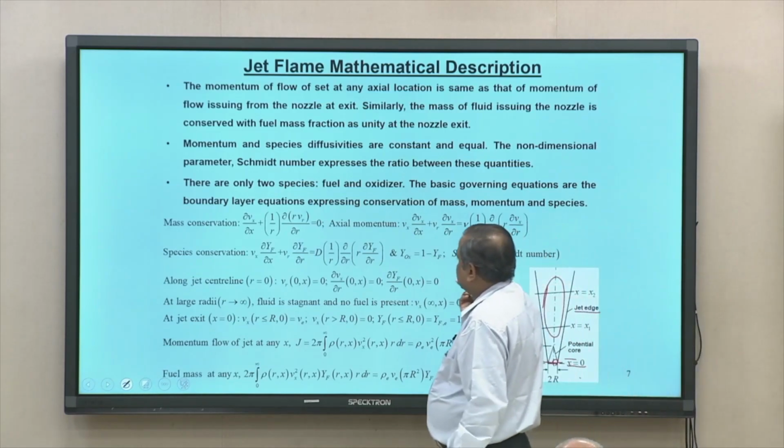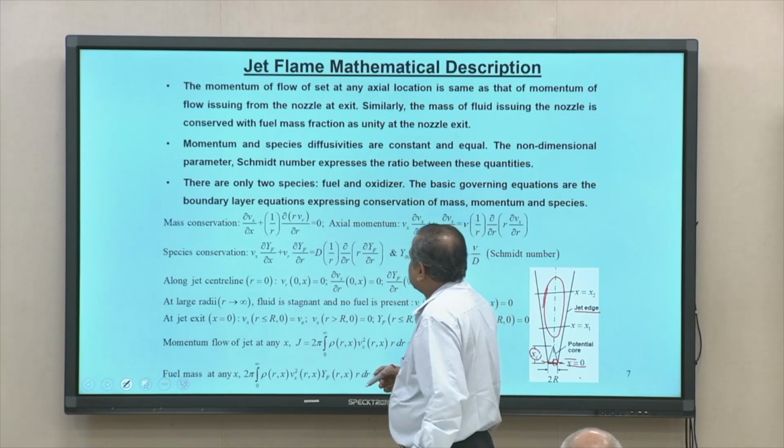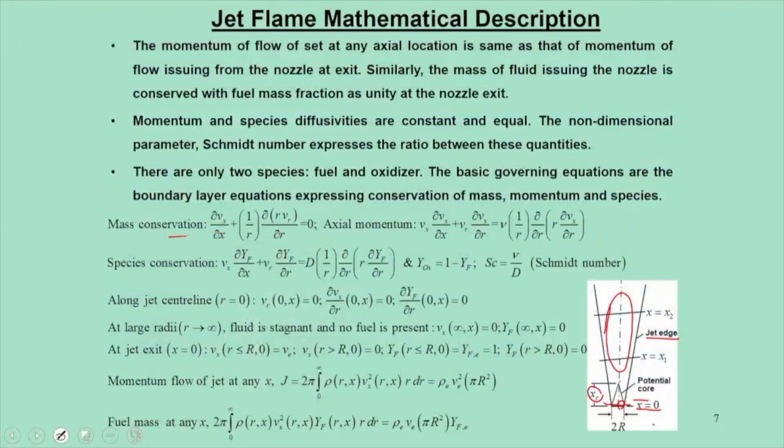The solution for this problem lies in taking care of the mass conservation equation in cylindrical coordinates r and x. Then we have the axial momentum conservation, because the effect of the jet is only in the axial direction.